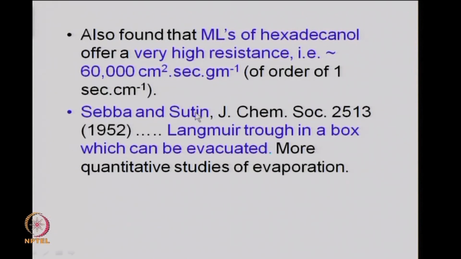In these units, 60,000 seconds centimeter square per gram, or that will translate to about 1 second per centimeter. Experiments of this kind have been carried out by Seba's group. Seba and Sutin put an entire Langmuir trough in a box which could be evacuated. So, you could carry out experiments for various different levels of gas phase resistance.